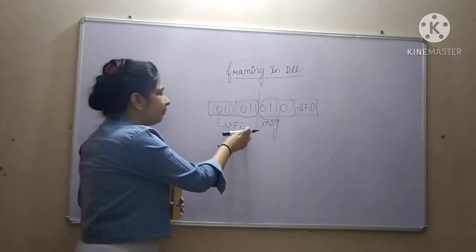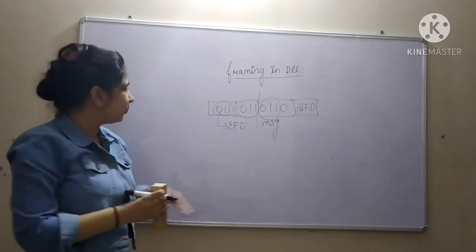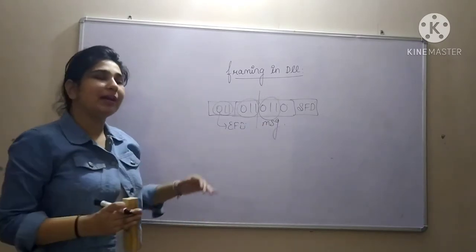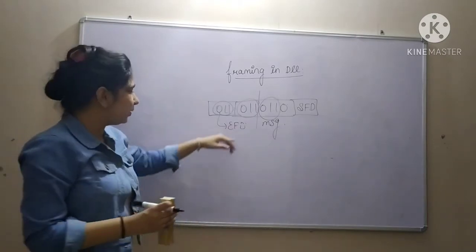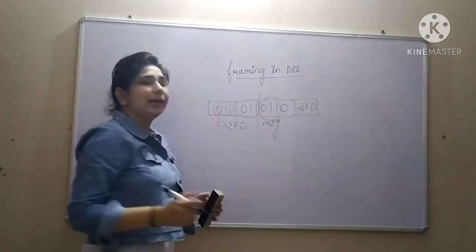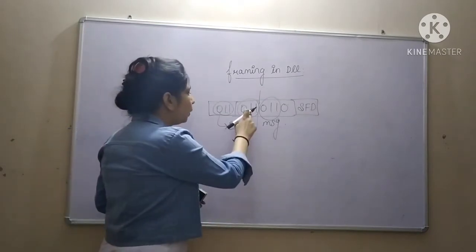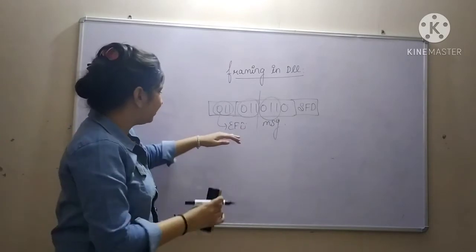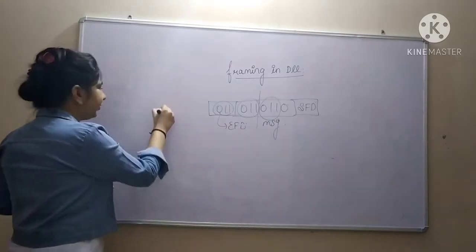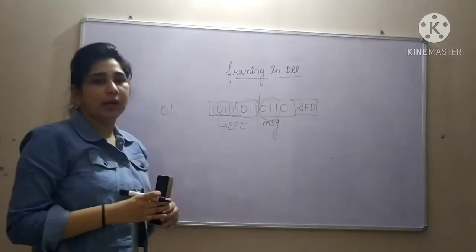So the end frame delimiter bits and the message bits are the same. We are having a problem in differentiating between the message bits and the end frame delimiter. We are going to stuff one bit in the message. So you understand that the end frame delimiter is 0, 1, 1.